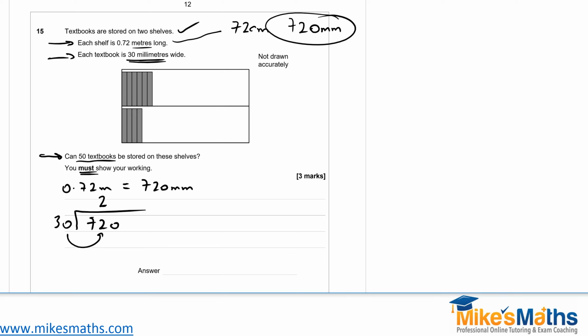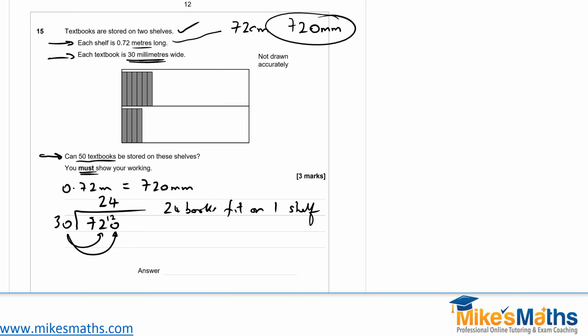We're trying to get to 72, so that's remainder 12. So now we have to do how many times does 3 go into 120, which is exactly 4. Okay, so 24 books fit on one shelf. I'd better make that clear. So 24 books fit on one shelf.